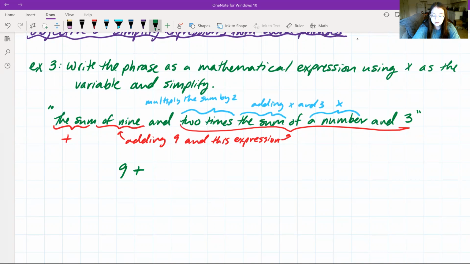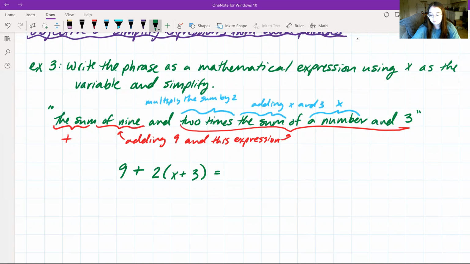So we're going to say 9 plus 2 times, and we're going to write our parentheses. And now inside of our parentheses, we have the sum of a number and 3. So this means that we're adding x and 3. So we're going to have 9 plus 2 times x plus 3. So this is our mathematical expression. We have 9 plus 2 times x plus 3.